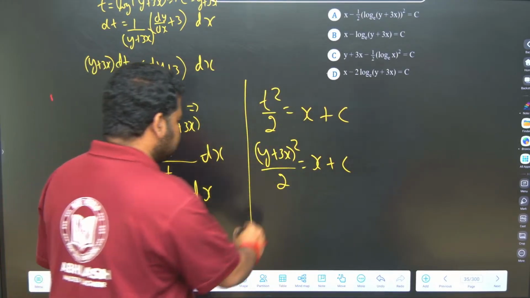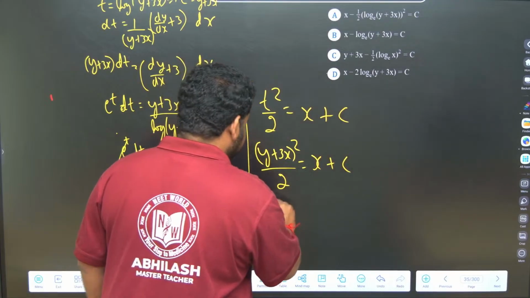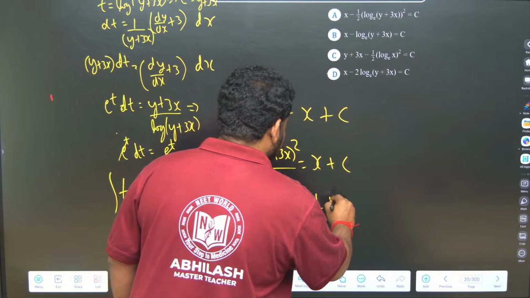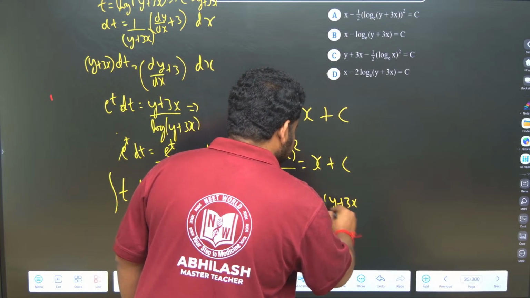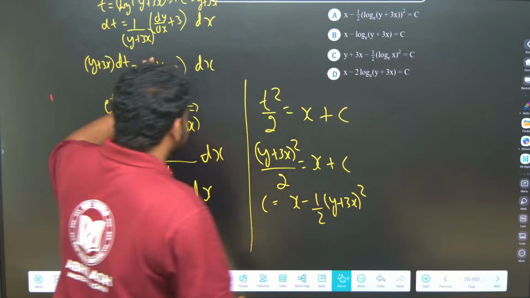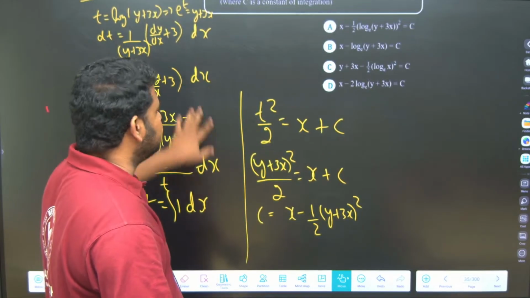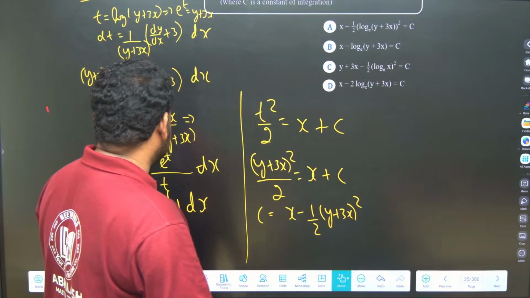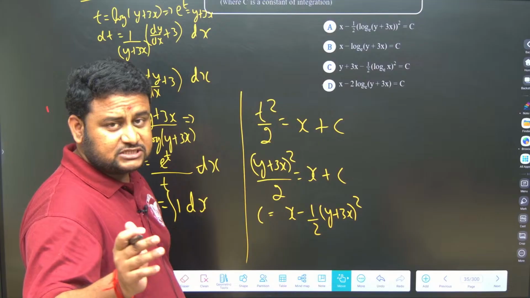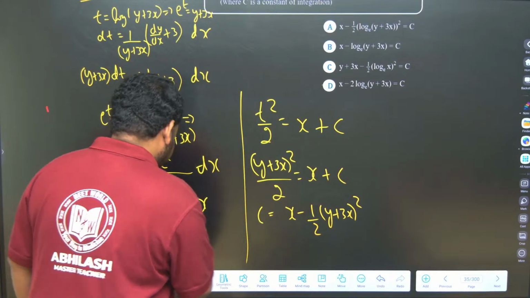Now c will be equal to what? If I put the values here, c will be equal to x minus 1 by 2 y plus 3x whole square. Actually it should be log, right? Be careful, t is not just y plus 3x, it is log. I have to put log also.